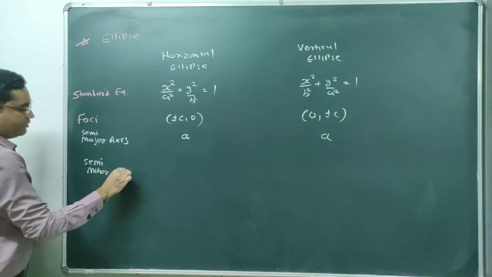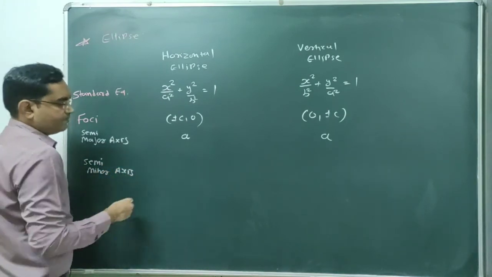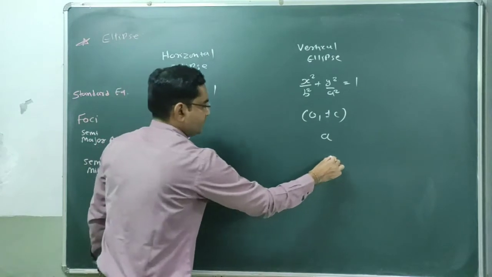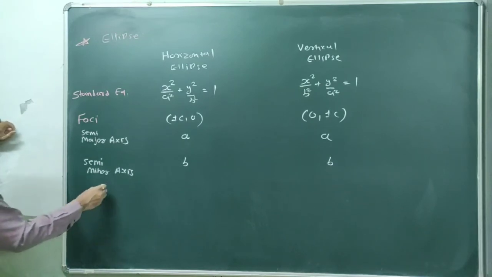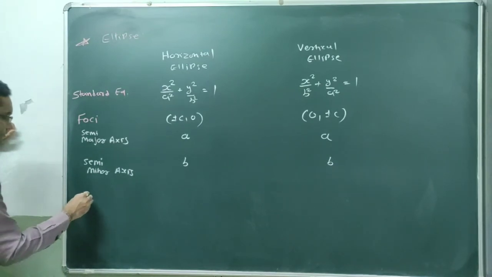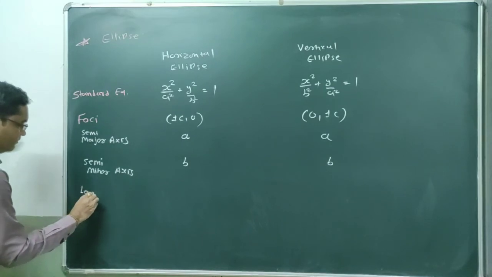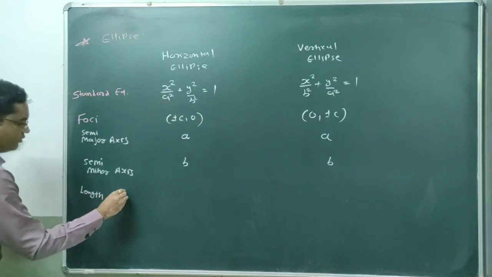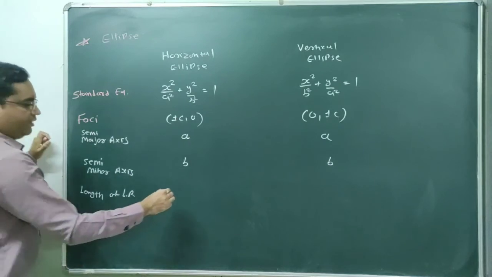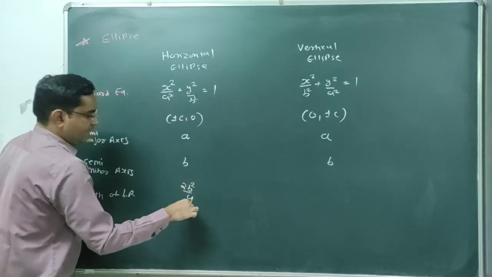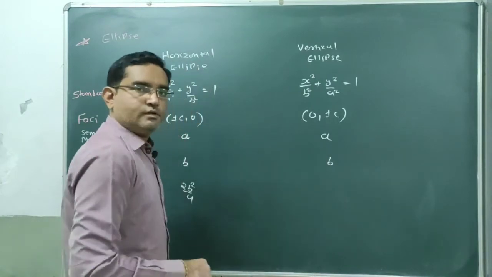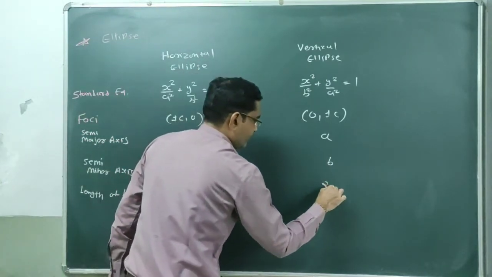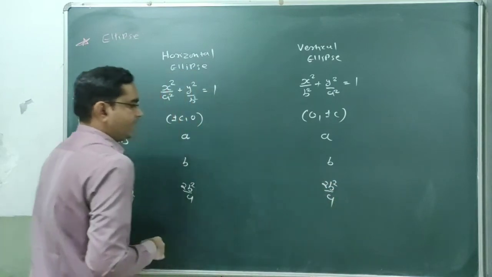For this case, it's small b. Here it's also small b. Done? Length of latus rectum, it's 2b square by a. Look, is there any change in the major axis and minor axis here? No change. So length of latus rectum will be the same, 2b square by a.